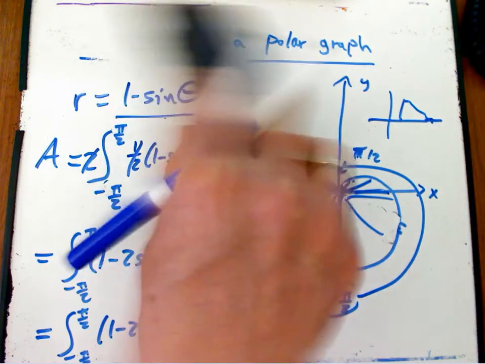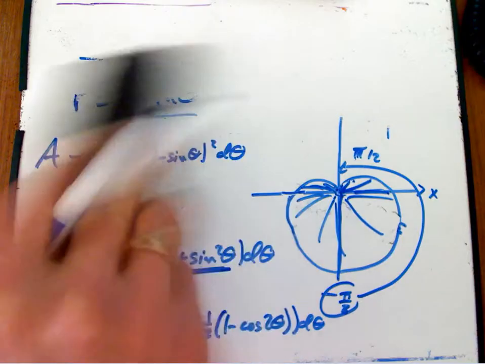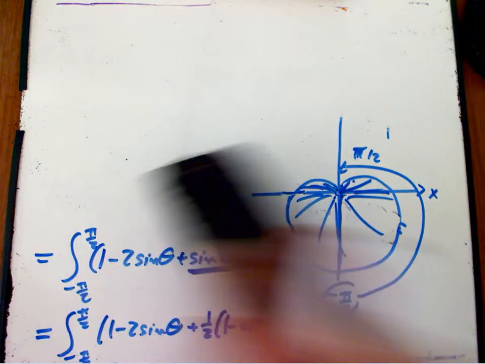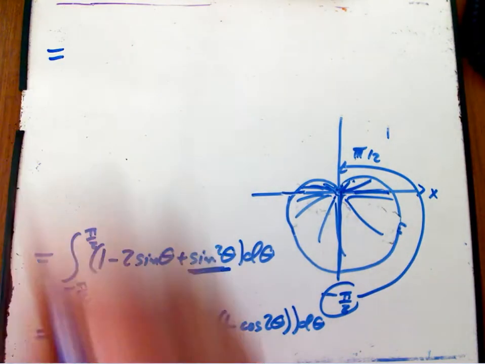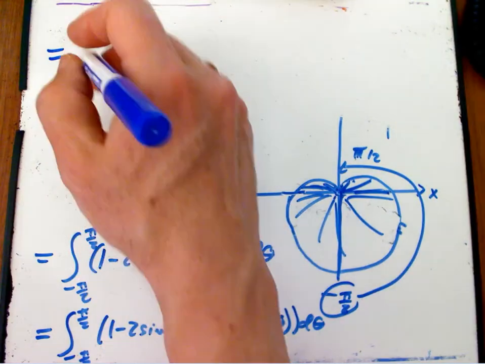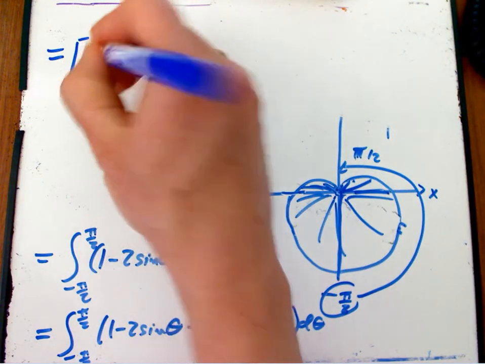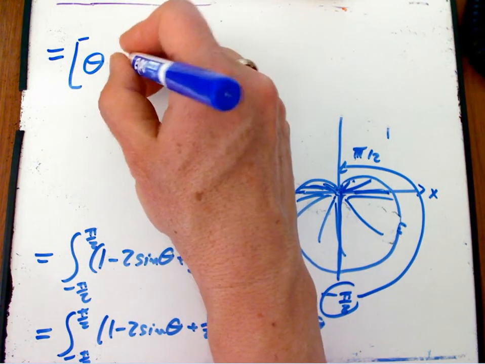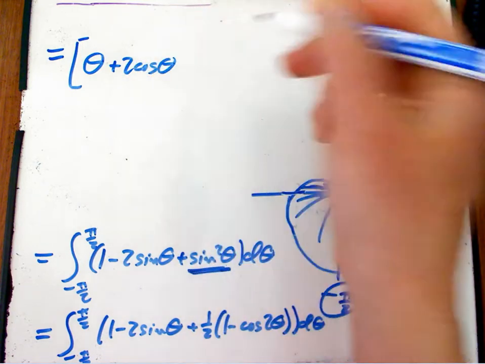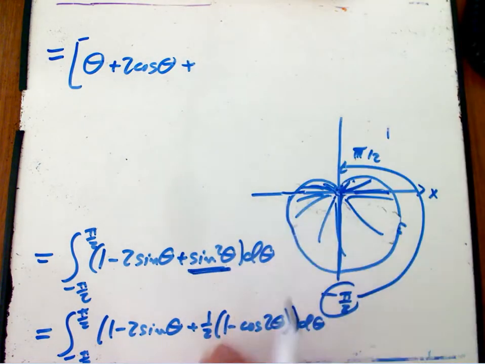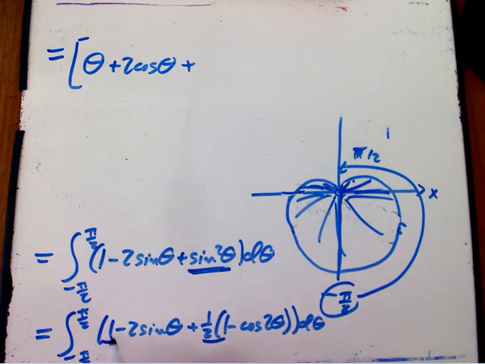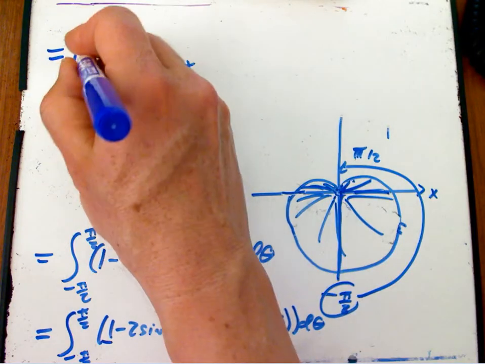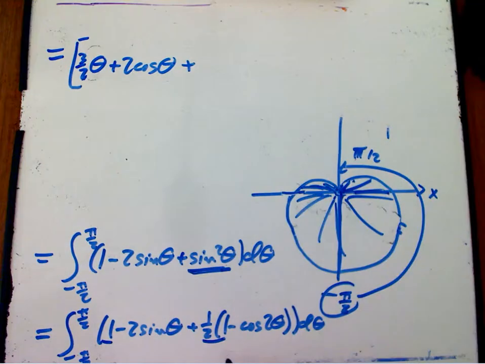Okay, I need some room up here, but we're almost done. And so that's going to be theta plus 2 cosine theta. Actually, you know what? I'm going to combine these. That's going to be a 3/2. I hate being inefficient about that. So let's do 3/2, okay?